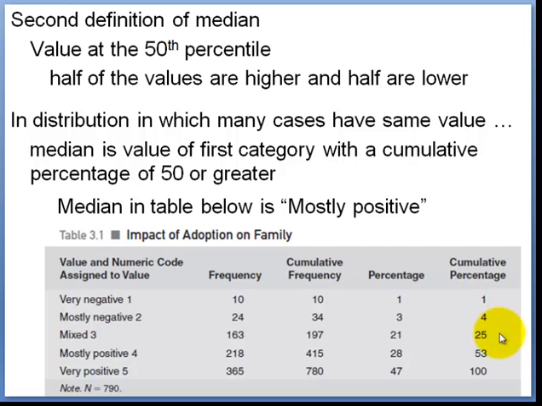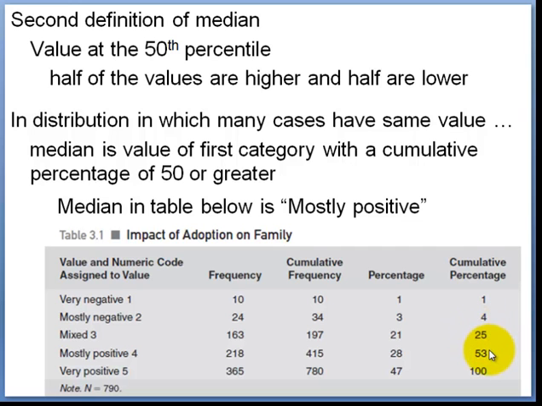For instance, the cumulative percentage for the response mixed is 25, and this reflects the sum of a very negative 1 response, mostly negative 3 responses, mixed 21 responses. These sum to the cumulative percentage 25%.